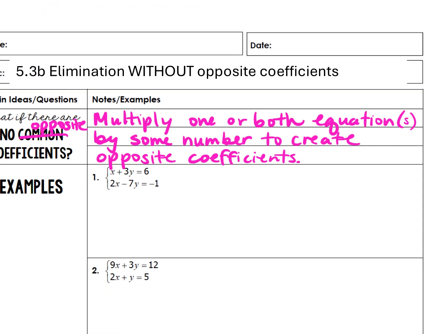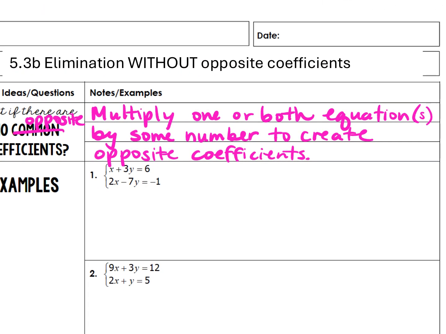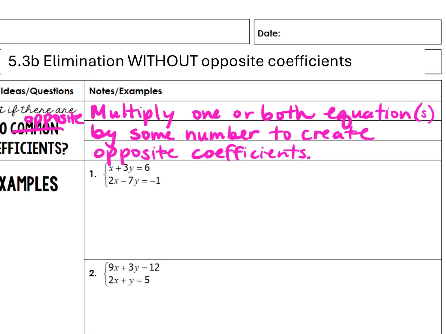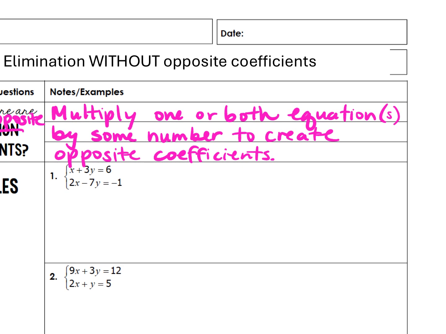Does anyone need more time writing this down? Can I zoom in? Here. They won't open? Can you restart your iPhone?